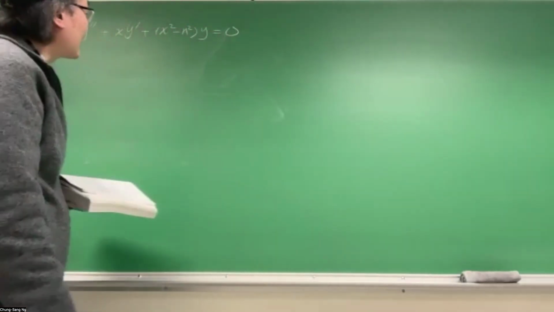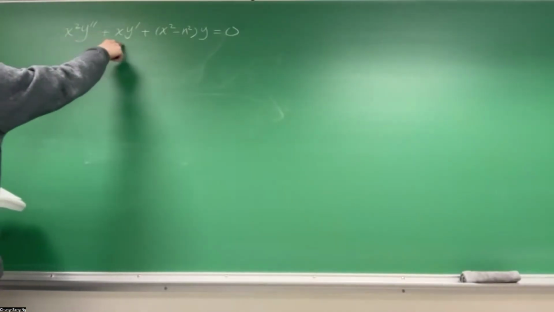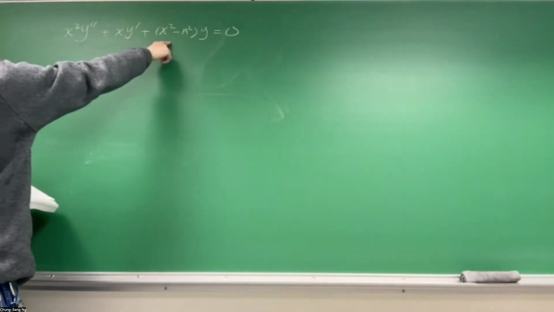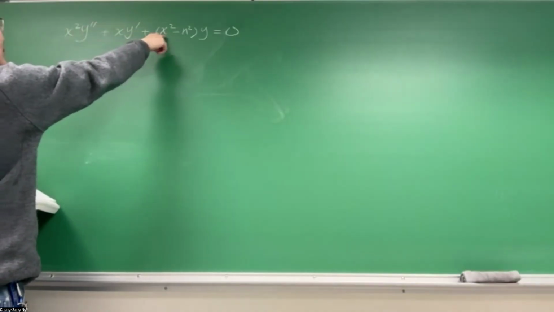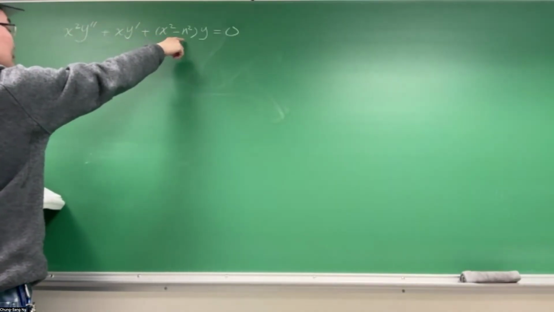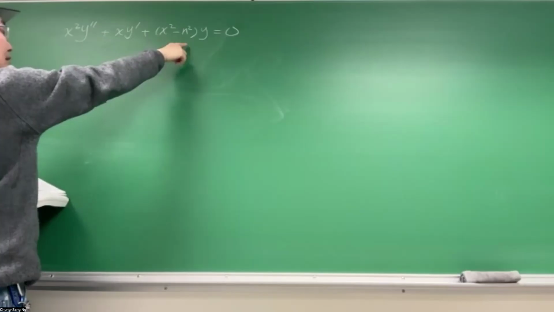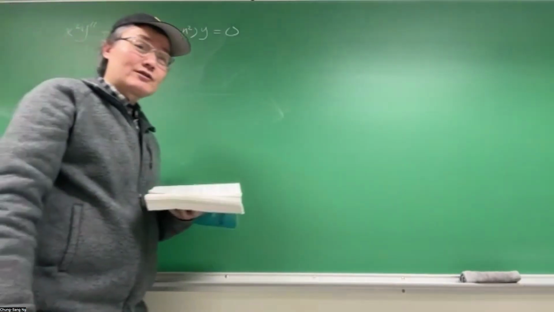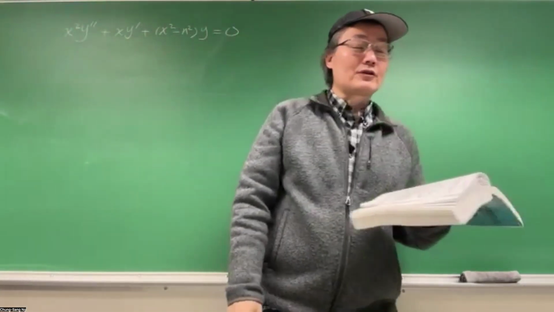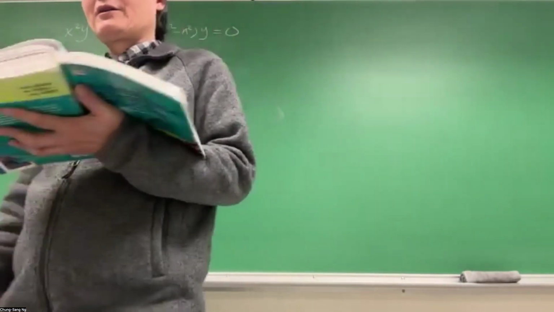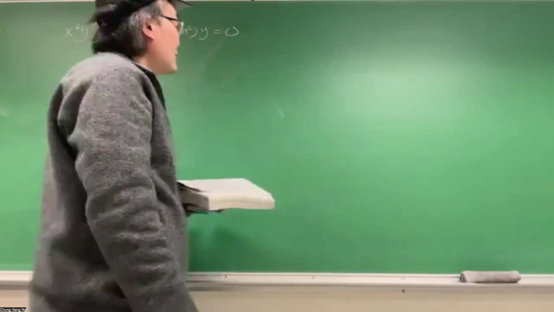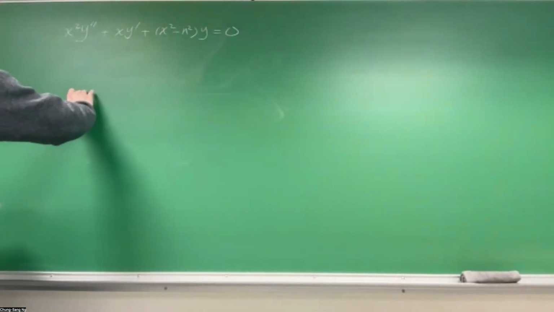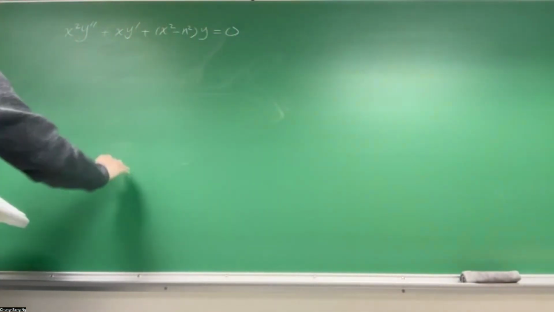And q is 1 minus n squared divided by x squared. That's singular at 1 over x squared, but it's still regular, because for q to be irregular, it has to be more singular than 1 over x squared. So x equals 0 is regular.